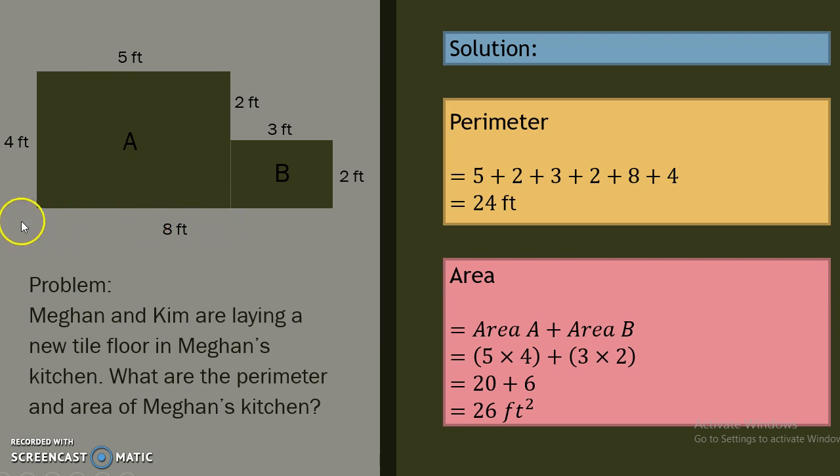Thus, this length is 5. Area of A is given by 5 multiplied by 4, equal to 20. And next, the area of rectangle B is 3 by 2, which is equal to 6. The total area of this shape, the kitchen floor, is 20 plus 6, which is equal to 26 feet squared.